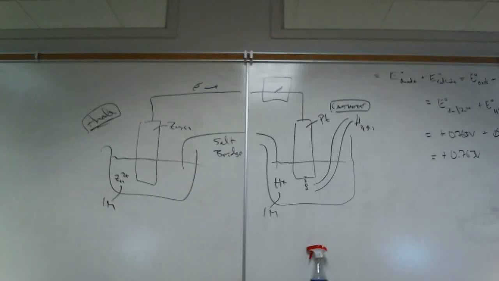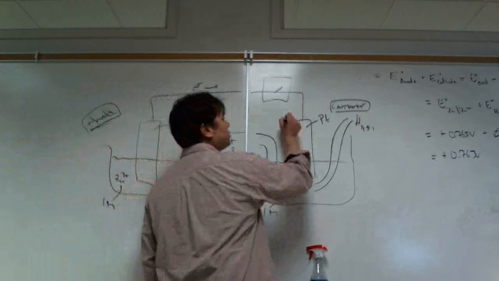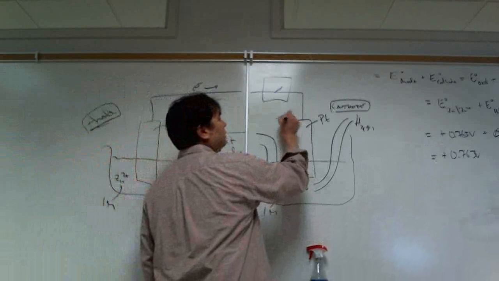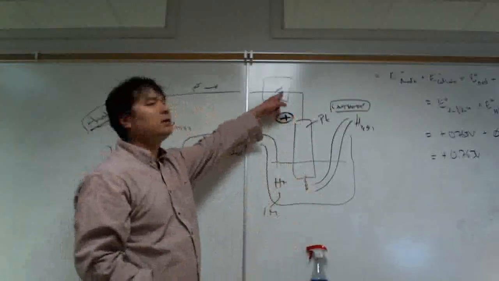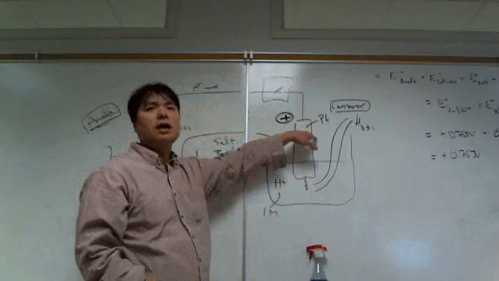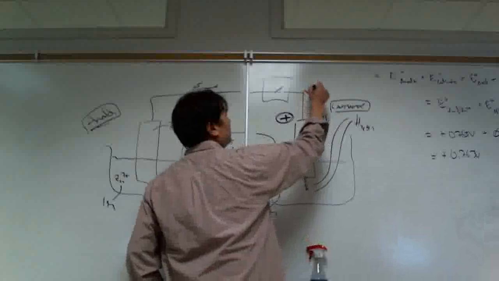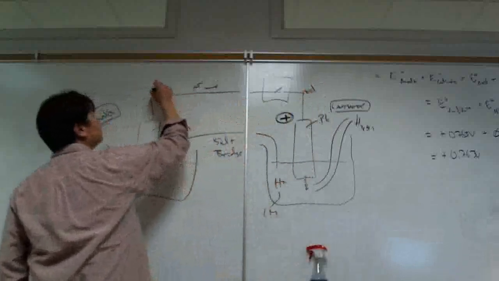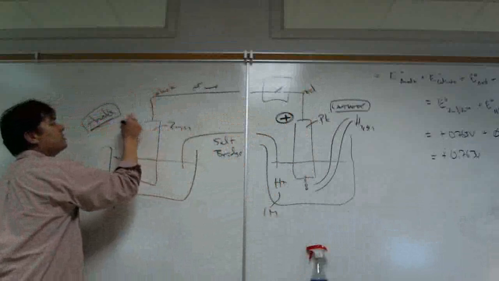The cathode, yeah, the cathode is correct. This electrode is positive. And so your red lead on the voltmeter should go to the cathode. The black lead on the voltmeter should go to your anode, which has the negative sign.